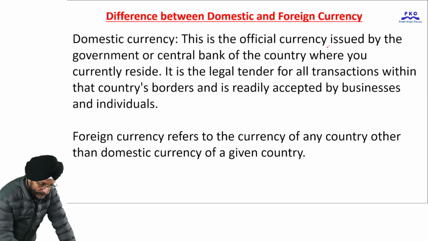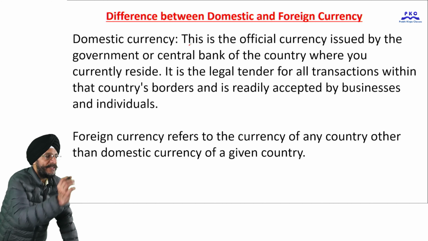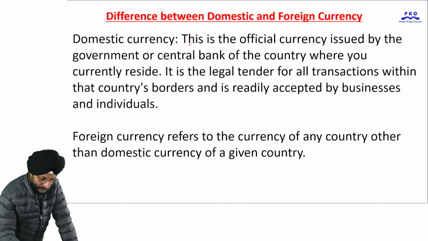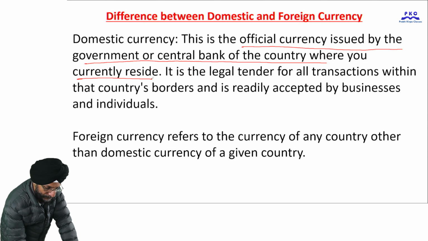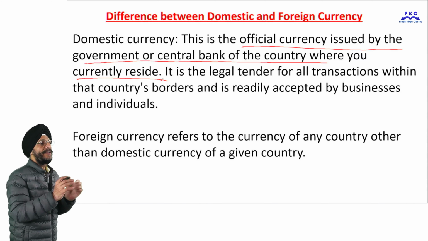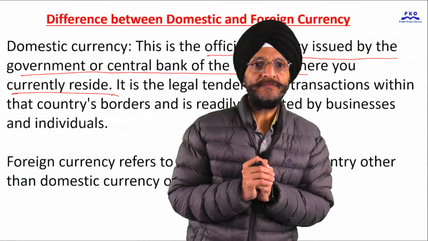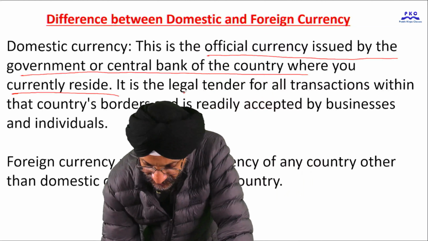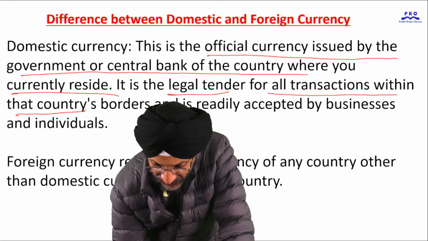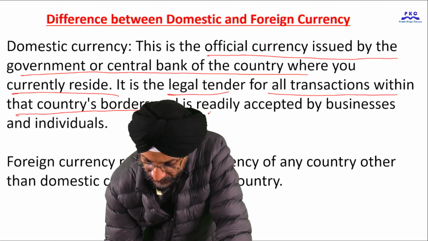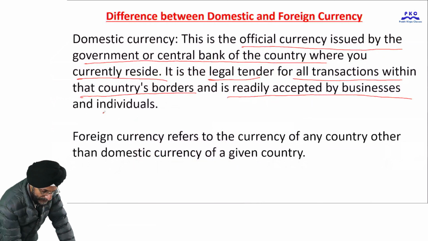Now we will look at the definition of domestic currency. Domestic currency is the official currency issued by the government or central bank of the country where you currently reside. Domestic currency is the legal tender for all transactions within that country's borders and is readily accepted by businesses and individuals. What is the meaning of legal tender?